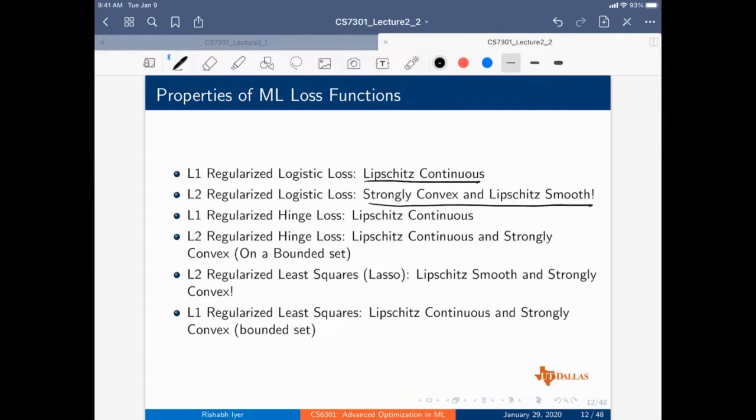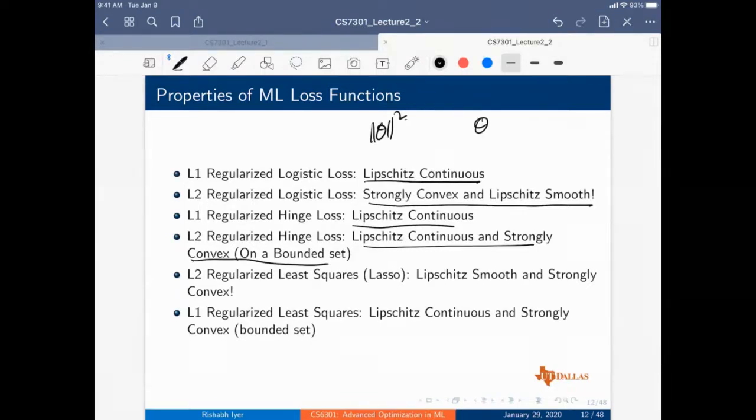L1 regularized hinge loss is Lipschitz continuous. L2 regularized hinge loss is interesting. It's Lipschitz continuous, but it is also strongly convex. There's a caveat: this is Lipschitz continuous only on a bounded set. Since you have the theta square, the gradient of this, which is theta, is not necessarily bounded everywhere.